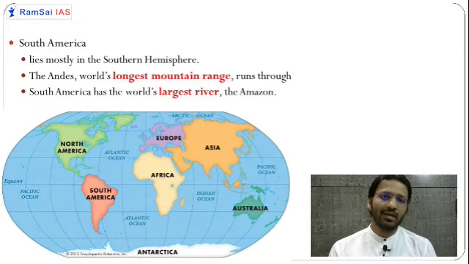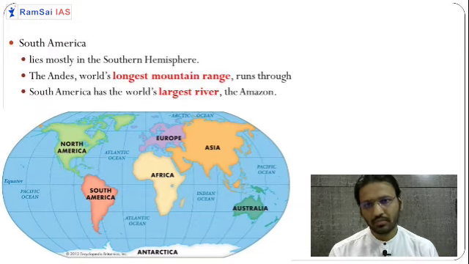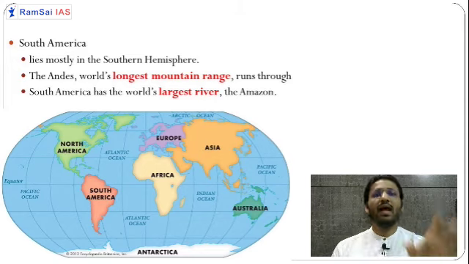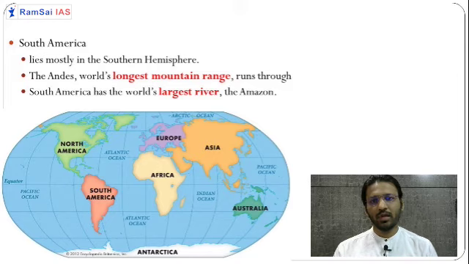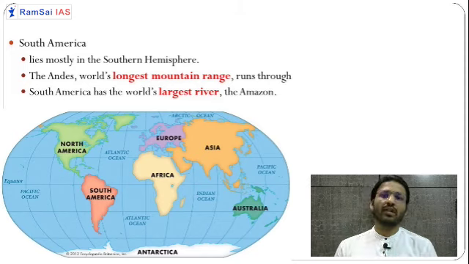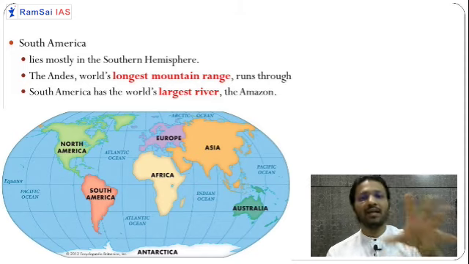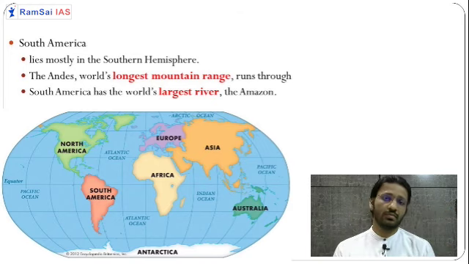Next important continent is South America. South America has the longest mountain chain of the world, the Andes mountains. So you can see on the western side of South America, you have the longest mountain range running. We call it the Andes mountains. And there is a largest river.